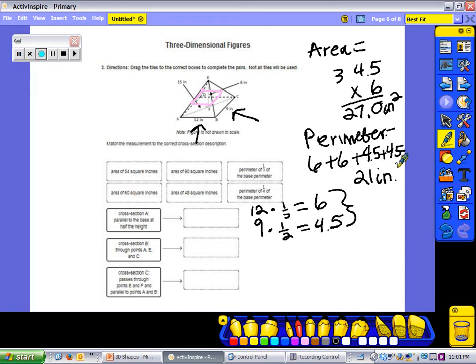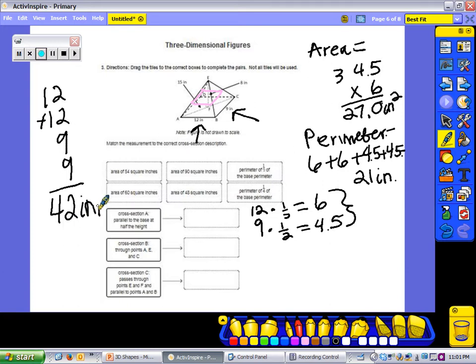So what we have to do is figure out, we do have answer options that say perimeter of half the base and perimeter of 1/4 of the base. So maybe one of those is our answer. So let's find what the perimeter of the base would be. So we've got 12 plus 12 plus 9 plus 9. So 18 plus the 12 would make 30, plus 12 would make 42 inches.